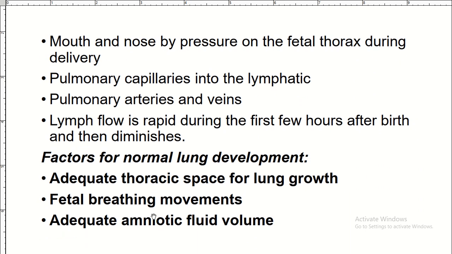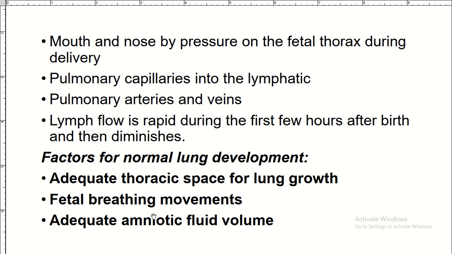So what are the factors that affect normal lung development? One, adequate thoracic space for lung growth. You remember in the development of body cavities, there is congenital diaphragmatic hernia, where you have the failure of closure, about 90% on the left, of the pericardioperitoneal canals.